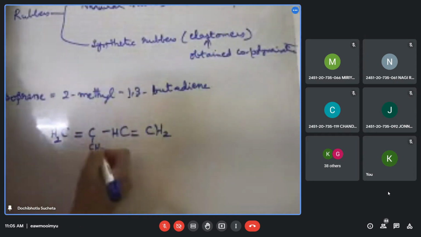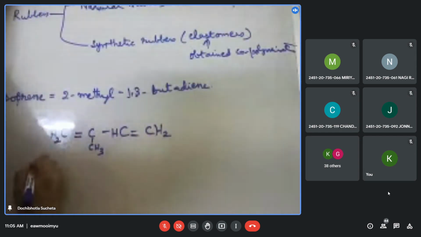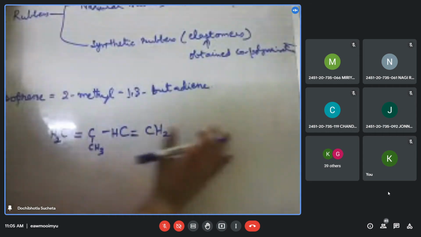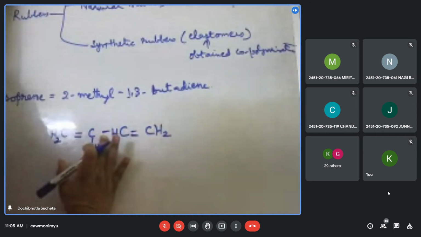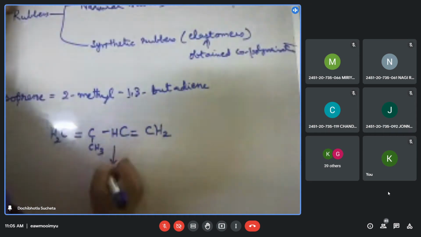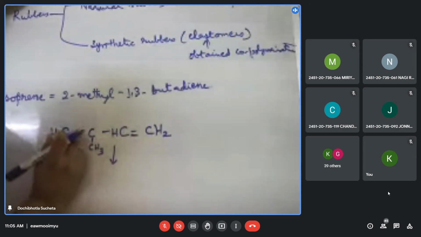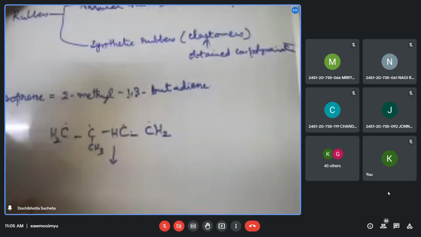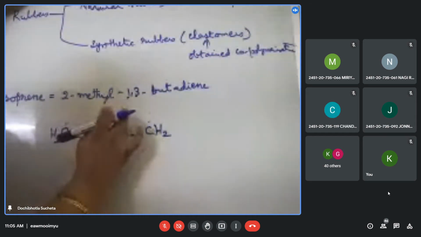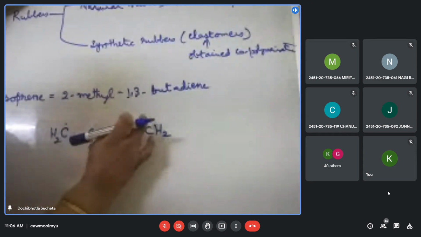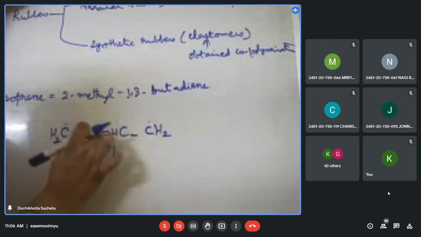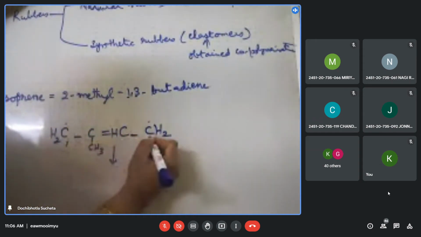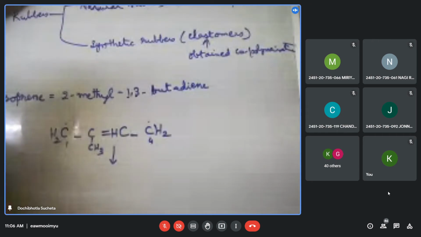Because of the rearrangement of the pi bonds in such a way that only first carbon and fourth carbon will undergo polymerization, and one pi bond shifts to the second and third carbons. As soon as the bond breaks between these two, there are dots on all the 4 carbons, free radical. And these two, second and third carbons, will actively participate in forming the pi bond at the center, whereas the first carbon and the fourth carbon are involved during the polymerization.